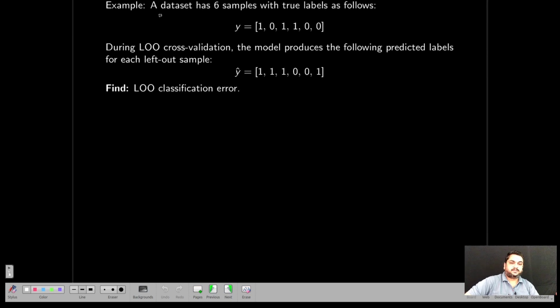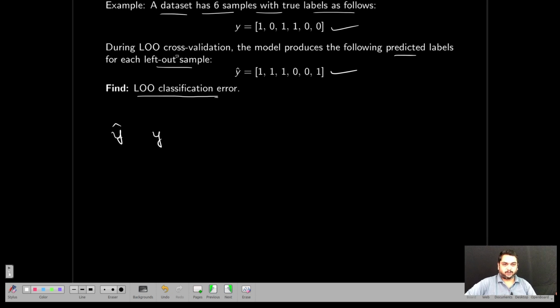Next, for example, the data set has 6 samples with the true labels as follows. These are the true labels and these are the estimated labels. So find the leave one out classification error. So how will you find? You find the total error, how many errors it has created. So y is the true value, y hat is the estimated value, or the predicted labels by the model. And then I use this cross validation test.